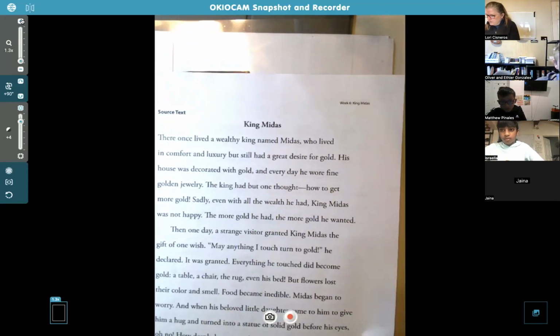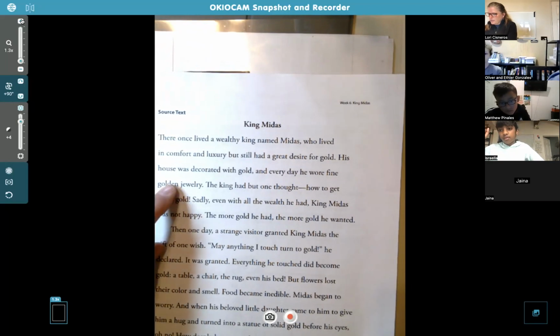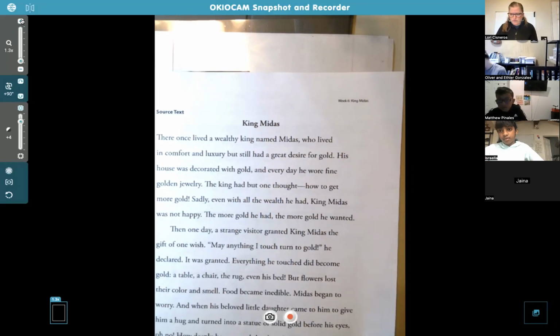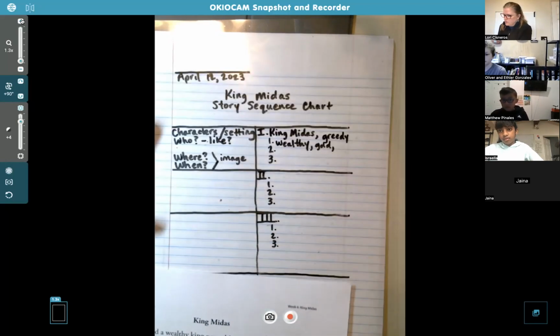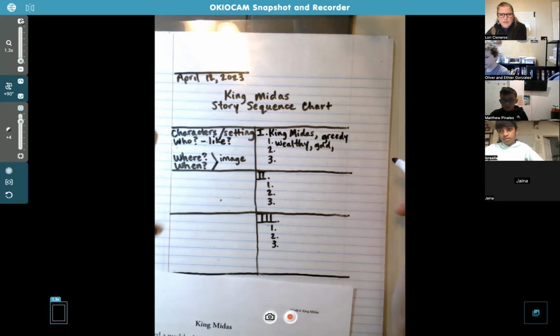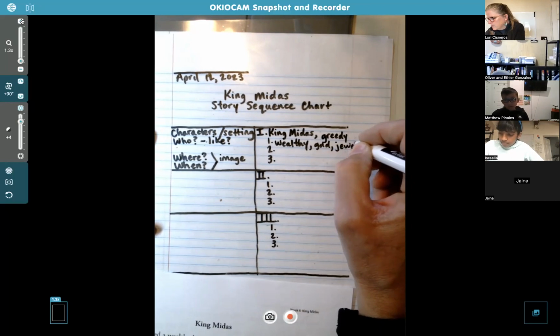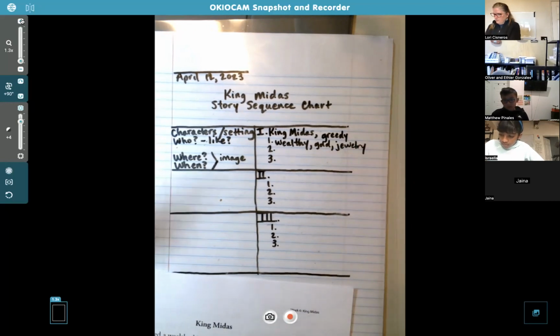Comfort and luxury, yep. He also had jewelry. He already had gold jewelry. So for me, I think I'm going to put jewelry here. But Ethier, if you like comfort or luxury, you can put that instead.